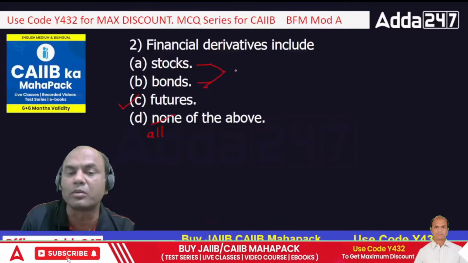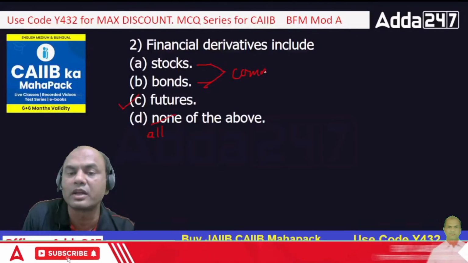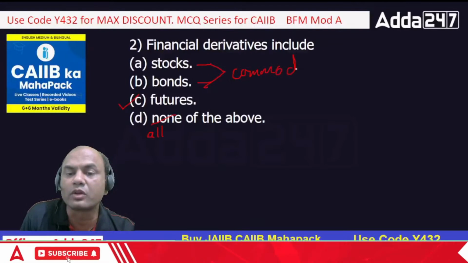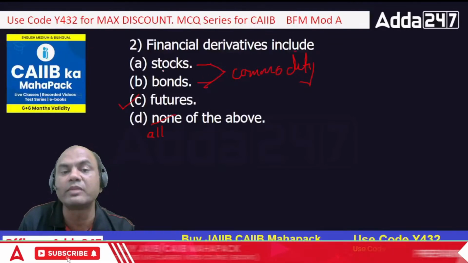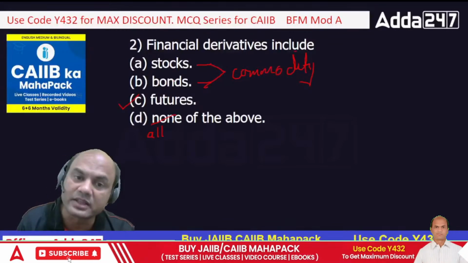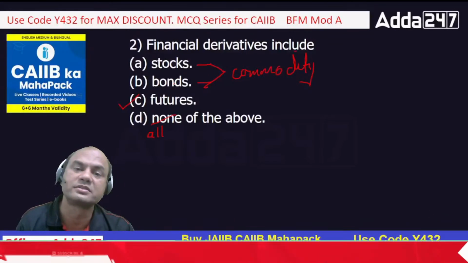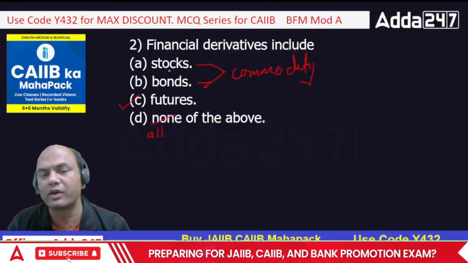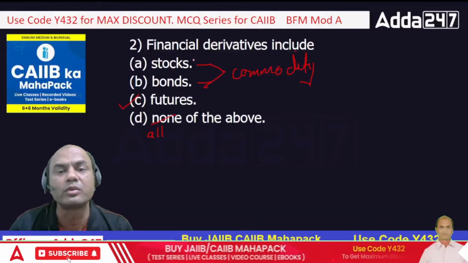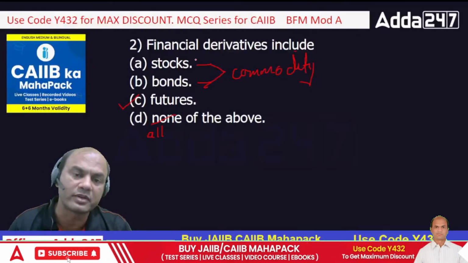So both are commodities over here. These are not derivatives. Based on this commodity, I will be having derivatives, but these themselves are not derivatives. Okay. Gold. Gold is a commodity. I can issue a derivative on gold, but gold itself is not a derivative. Okay.